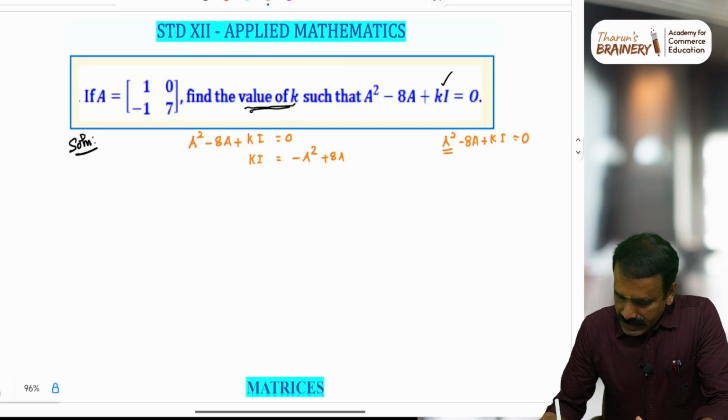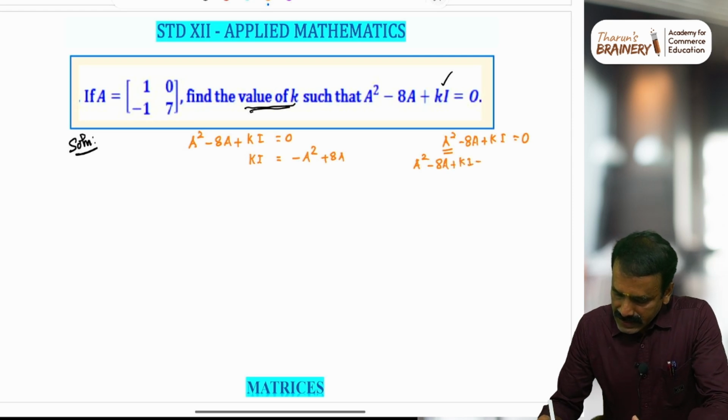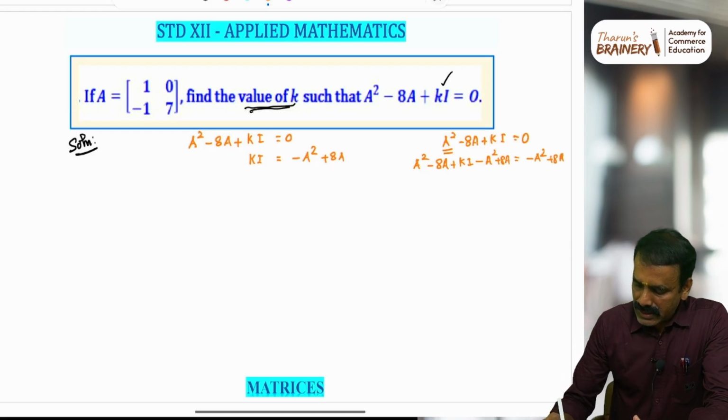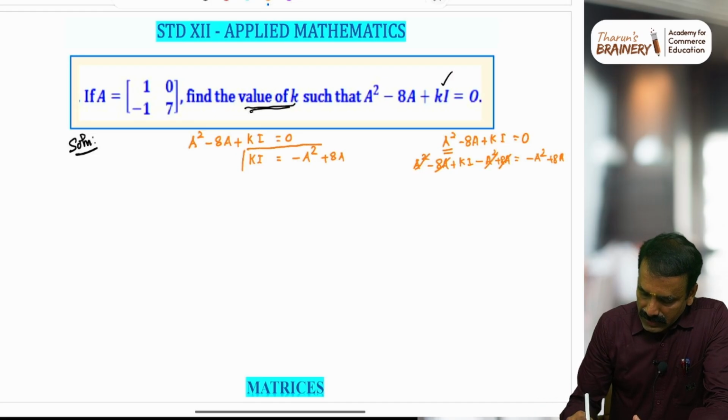So the additive inverse of A square is minus A square. That should be added on both sides. The additive inverse of minus 8A is plus 8A. So we add plus 8A to both sides. Now this A square cancels and minus 8A plus 8A cancels. So we get this expression: kI is equal to minus A square plus 8A.